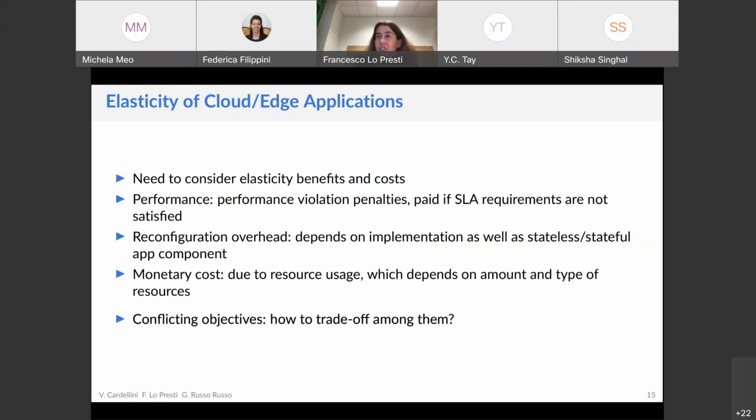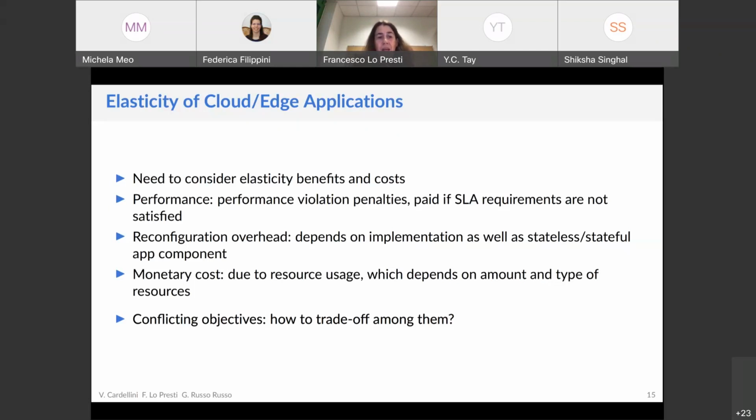In addition, you have to consider also the cost that is related to the resource usage. And this cost depends not only on the amount of the resources you're using, but also on the type of resources you want to use to scale your application.